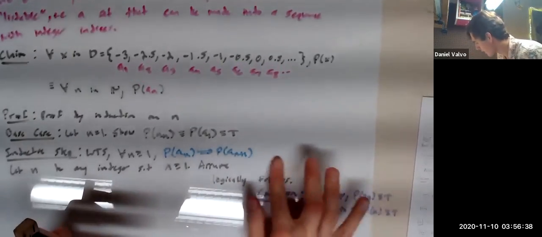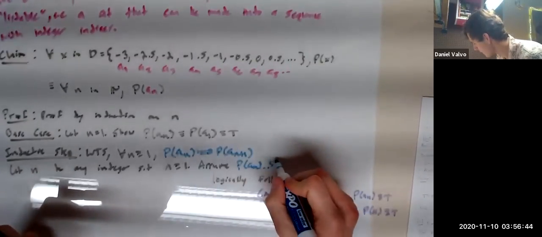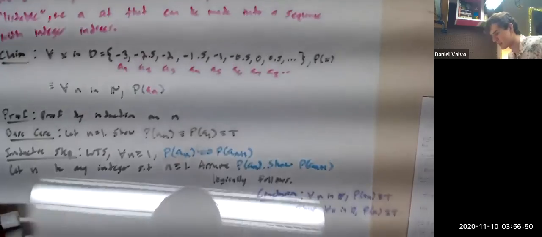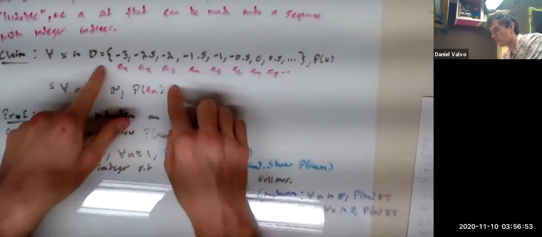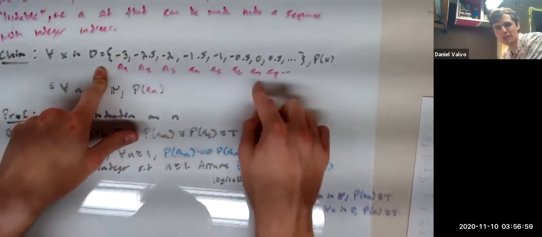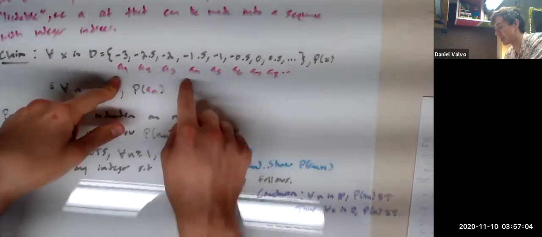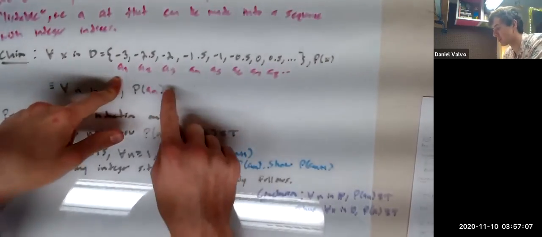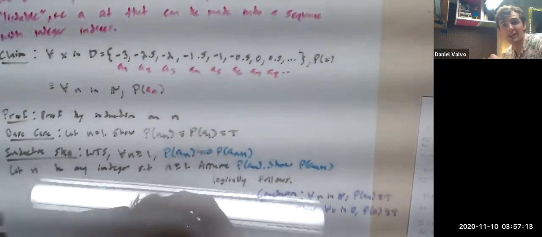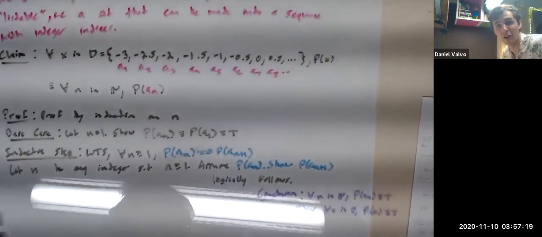And so here I want to assume P of an and then show P of an plus 1 logically follows. Just because the property here, we're not working with integers, we're working with whatever's in this sequence. But the sequence goes up by integers, right? We can identify everything in the sequence with an integer. Like the third thing is a3, which is -2. The fourth thing is a4, which is -1.5. So -2 and -1.5 aren't integers, but we can list them. There's a first, second, third, fourth, fifth, sixth, seventh, eighth, ninth thing, 10th thing, on and on and on.